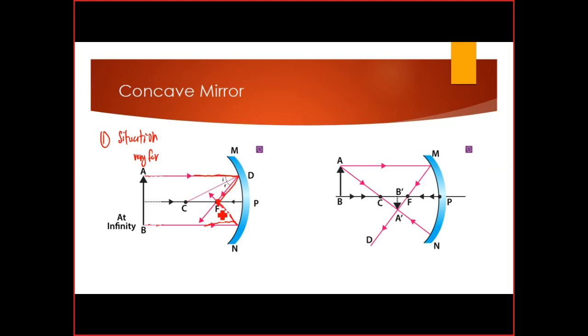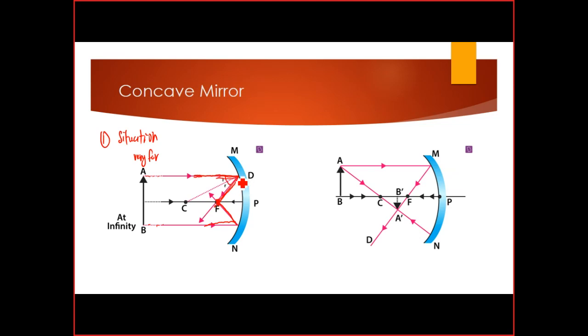But sir, how can we be sure that it's going to go to F? Look over here. This is the law of reflection. The law of reflection dictates that the angle of incidence is equal to the angle of reflection. According to this, we can have this kind of geometry.